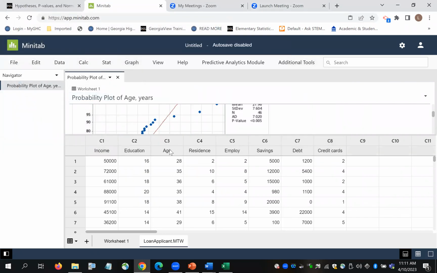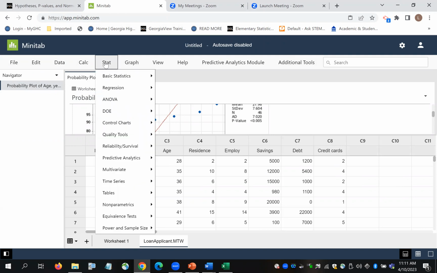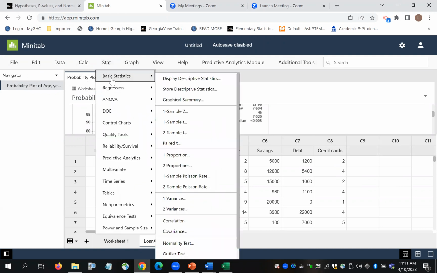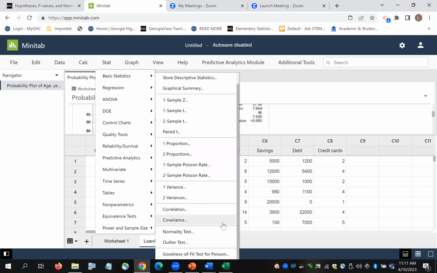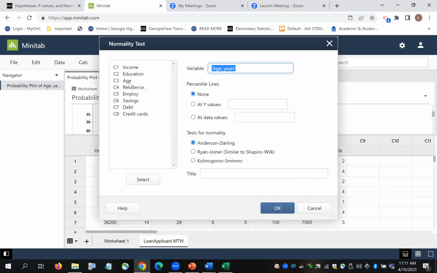I'm doing age of the loan applicants. So again, going through the process: Stat, Basic Statistics, Normality Test is near the bottom. I'm doing age, no percentile lines, and we're doing Anderson-Darling.